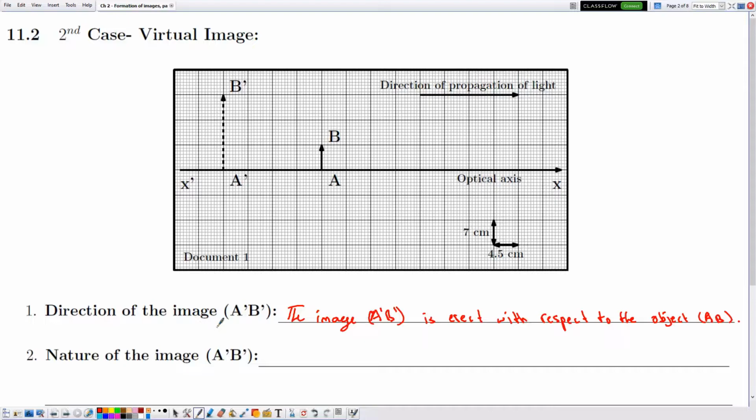Now in number 2 they are asking me about the nature of the image A prime B prime, and in this case, because the image is erect, then it will be virtual, because we know that always a virtual image is erect with respect to the object.